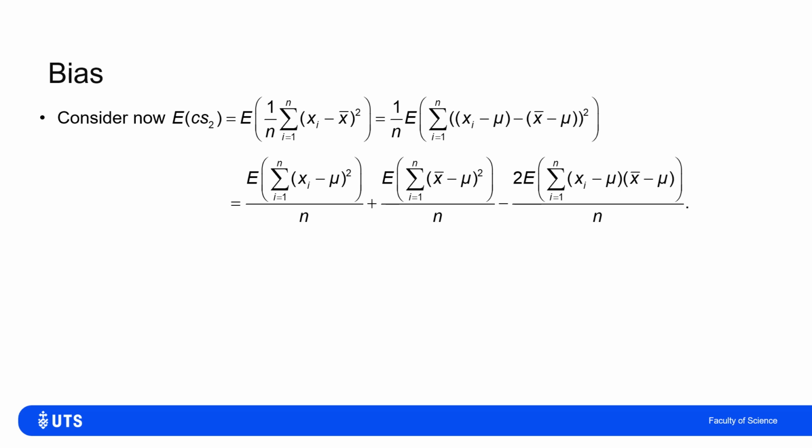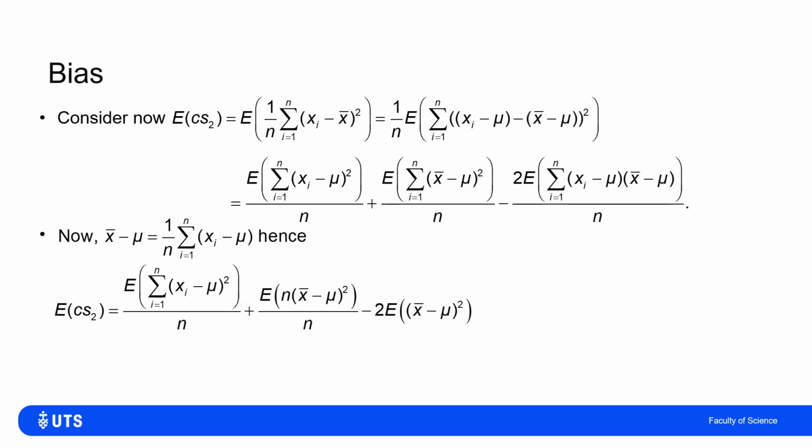And when I expand that, what I'll start to see is the difference between the first term minus the second term squared will be the first term squared plus the second term squared minus twice the product. Now at this point I can say that x bar minus mu is going to be equal to 1 over n times the sum of the xi's minus mu by definition, because x bar is the sum of the xi's over n.